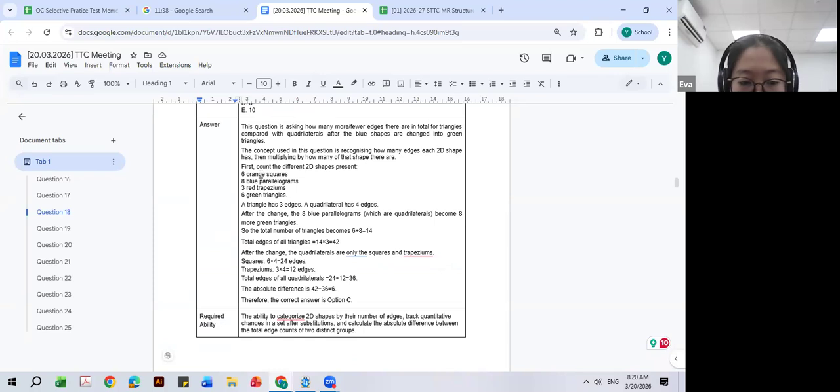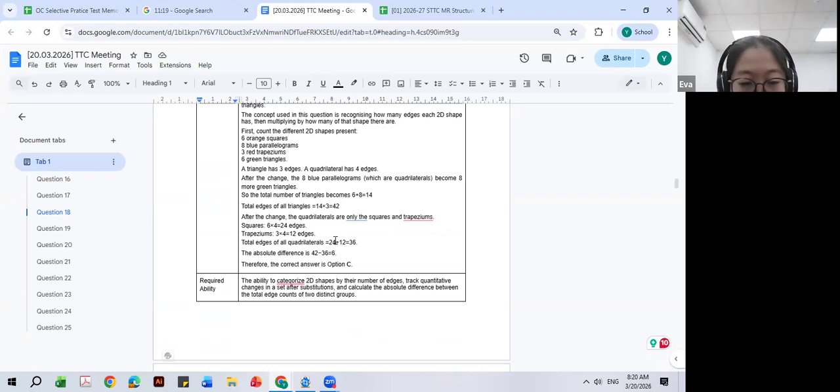We take the number of original triangles, 6, plus the 8 that we have just replaced from the blue parallelograms. We have 14, and one triangle has 3 edges. So we multiply by 3 and we have 42.